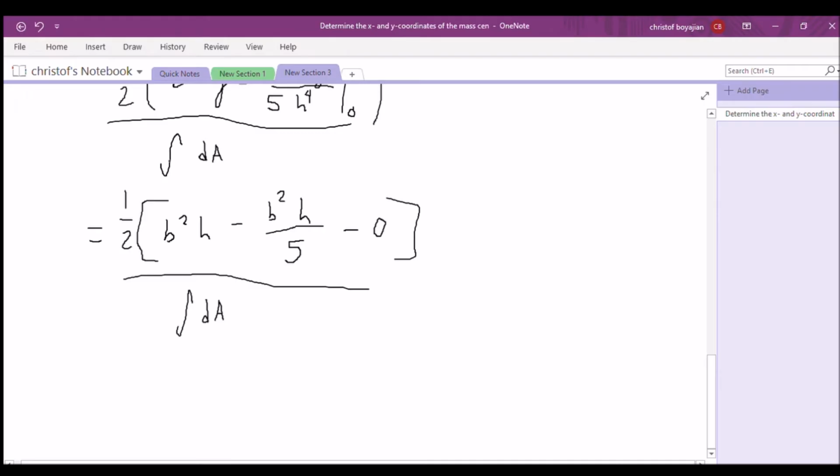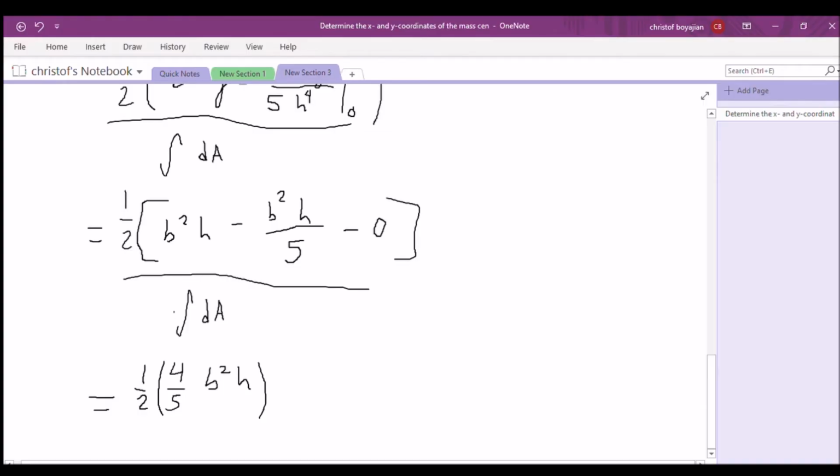Okay, so let's simplify the numerator a little bit because we have some like terms we can combine here. So we have 1/2. Now, if we get a common denominator, pretend this is 1 in front of here, common denominator of 5 over 5 minus 1 over 5, it should give us 4/5 b squared times h.